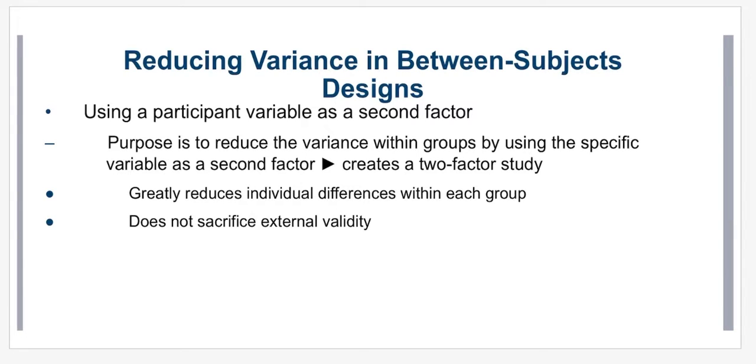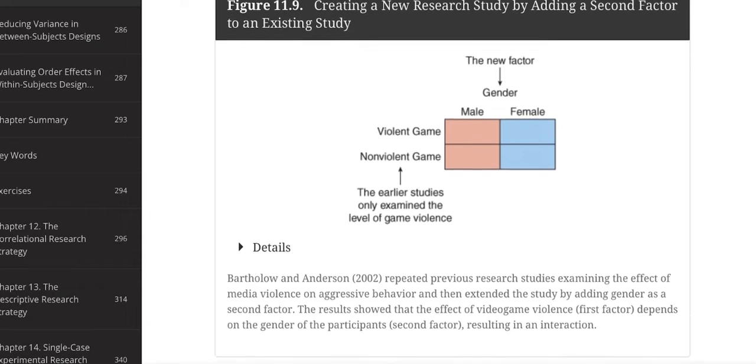Because if you're holding that variable constant, like looking at only 10-year-olds, or if you're limiting the range where you're only looking at 10 to 12-year-olds, then you aren't going to be able to apply the results you find to other age groups, right? And so possibly a better way to reduce that variance without sacrificing external validity would be to add age as a second factor.